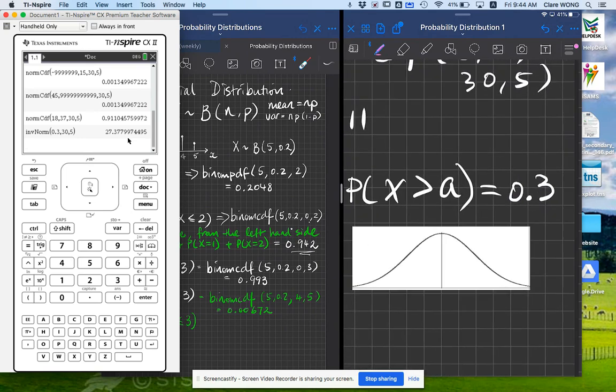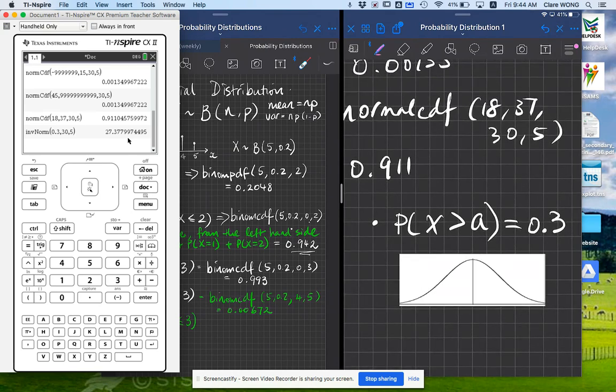How about this one? This time we say, oh, what's the probability? Oh no, the probability of x is greater than a certain value is 0.3. Now, where do we put the a? We know that 30 is here.